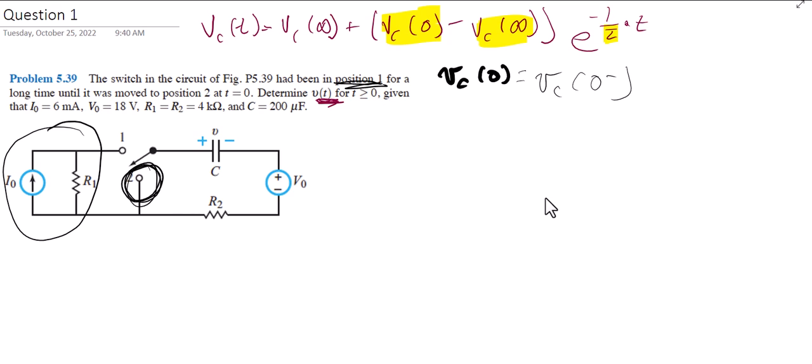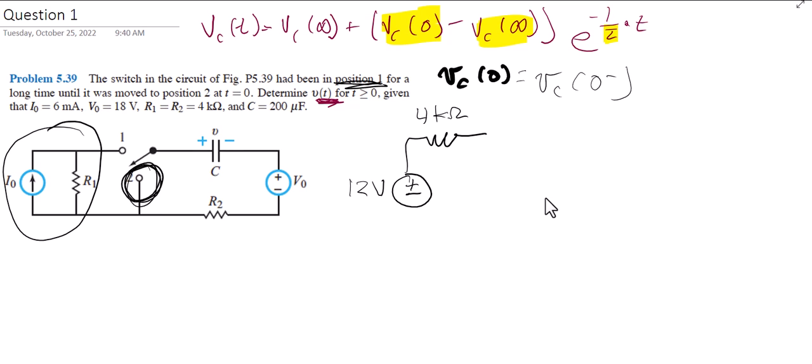A current source and a resistor in parallel equal a voltage source and a resistor in series. Our voltage will equal IR, as voltages are wont to do, and that's 6 milliamps times 4 kilo ohms. The milli and the kilo cancel each other out, and that gets us 12 volts. The resistor doesn't change, and that's 4 kilo ohms.